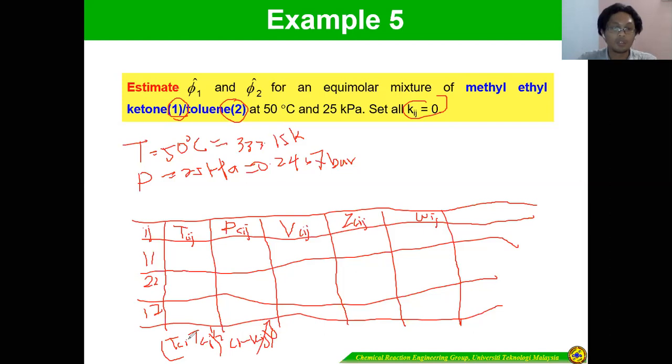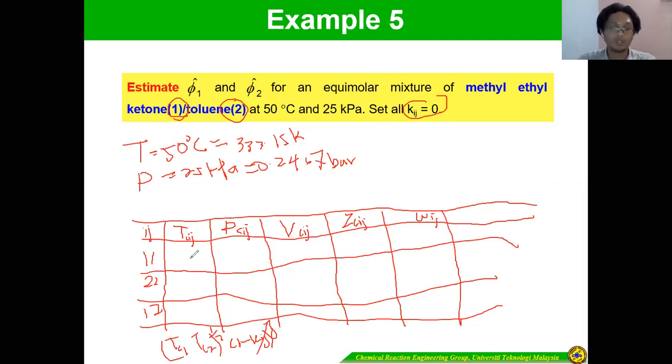If i is equal to 1 and j is equal to 2, then it is TC1 and TC2, to the power of half.